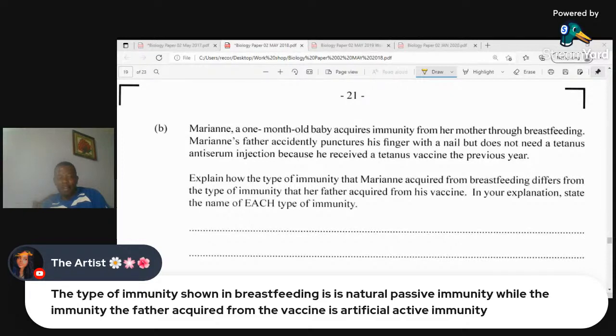While for the father, he would have been given a weakened strain of the pathogen, and it is weakened, like I said before, by formalin or by re-injecting, or it could have been weakened by heat treatment, and of course, that would have provided the antigen for the body to make the antibodies to safeguard the father from tetanus the next time it comes across this particular disease. All right, so we move on to the other question.